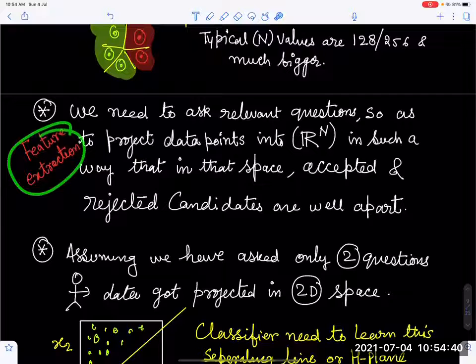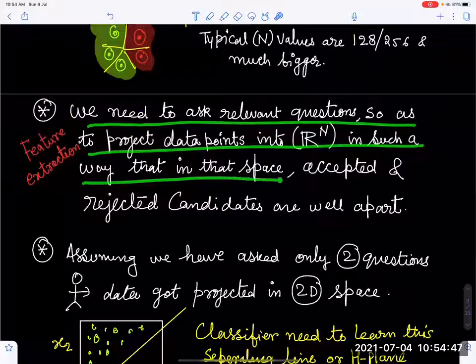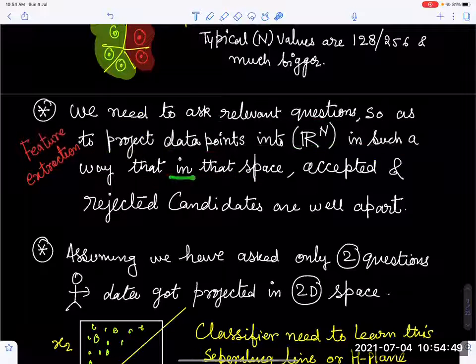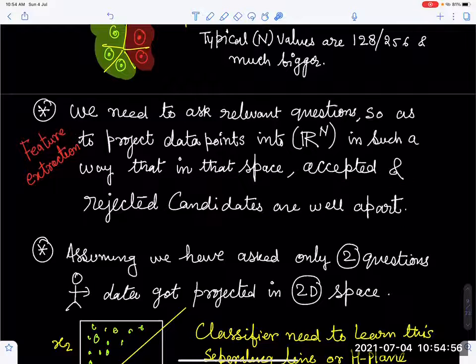So feature extraction is nothing but asking relevant questions so as to project these data points in such a way that in that projected space, accepted and rejected candidates are as far apart as possible.